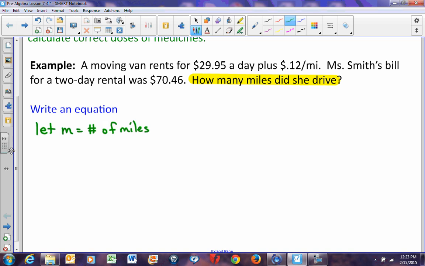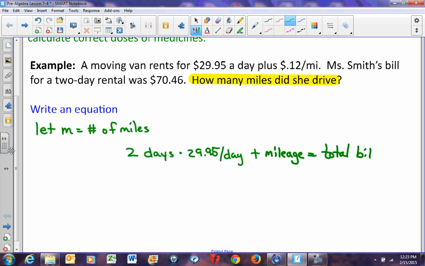So 2 days multiplied by the $29.95 per day, plus the mileage driven, has to equal her total bill. That's what we know. So let's transform that into an equation.